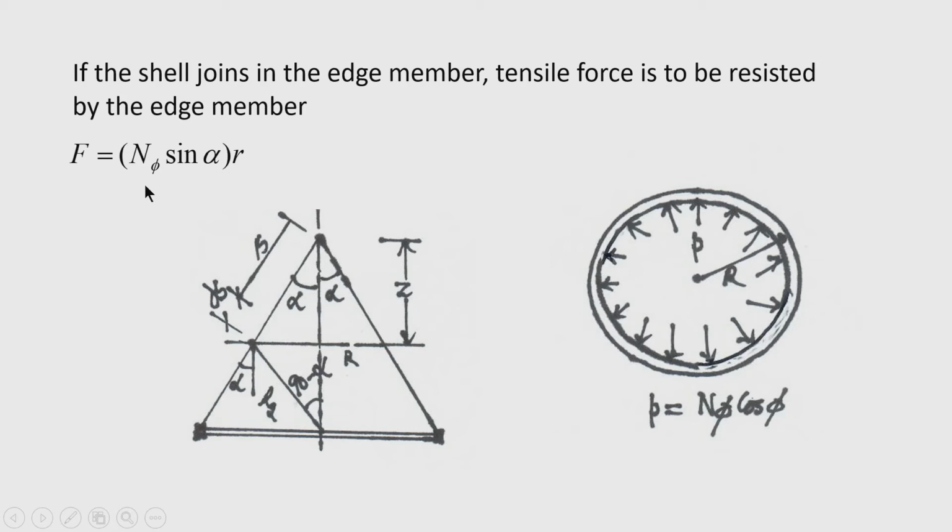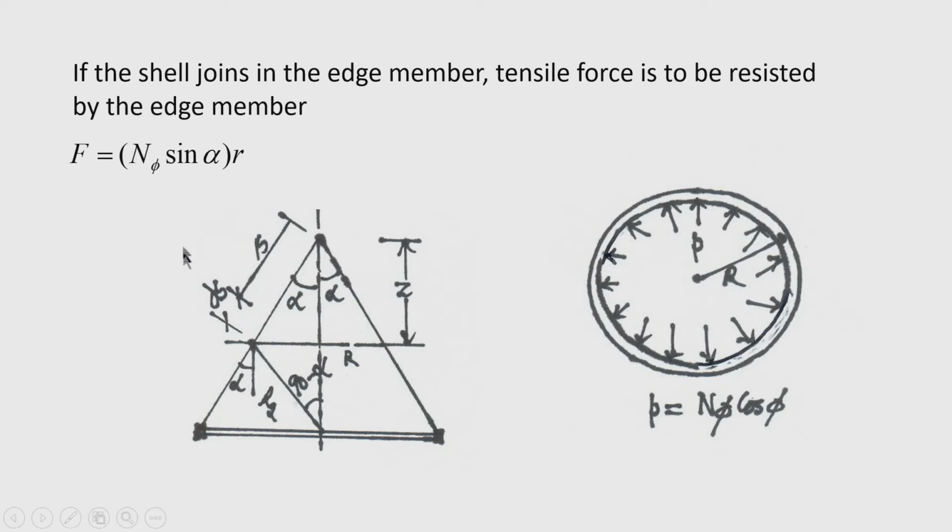Now, in the case of sphere, we use this phi and theta, and phi is measured from the vertical axis of rotation. Mainly in the case of conical shell, the cone angle will be specified. So, the relationship is expressed in terms of alpha instead of phi. However, alpha and phi can be related very easily with the help of this triangle.